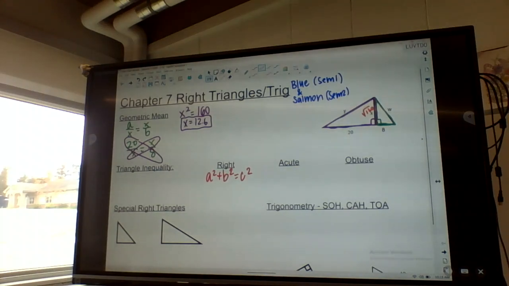Now again, I like using the square root of 160 because when I square it, it just becomes 160. So I'm going to do 20 squared plus the square root of 160 squared equals y squared. And I would do the same thing for w, which I'm not going to take the time to do. But I'll get 400 plus 160.